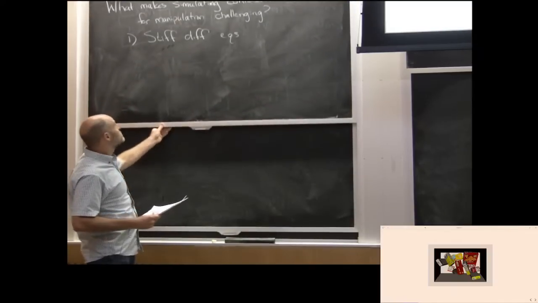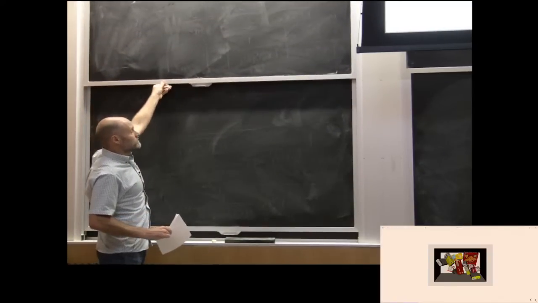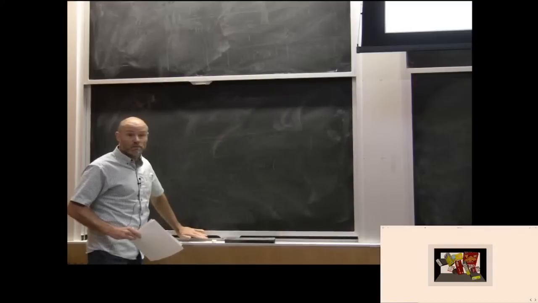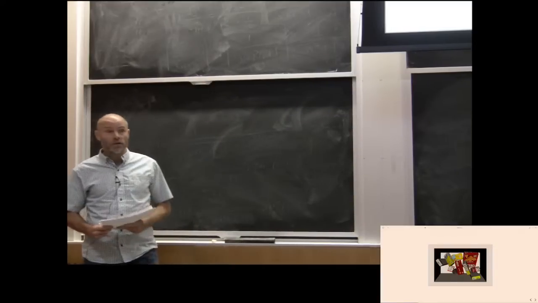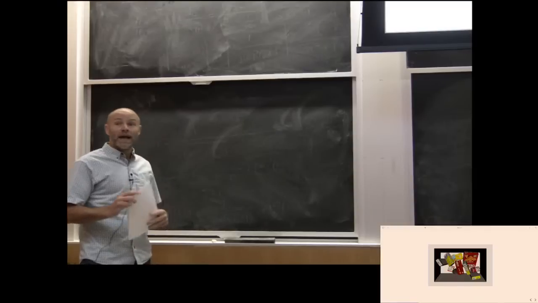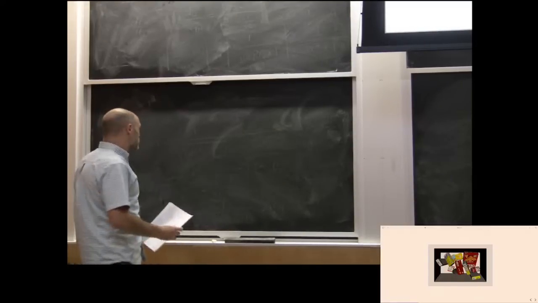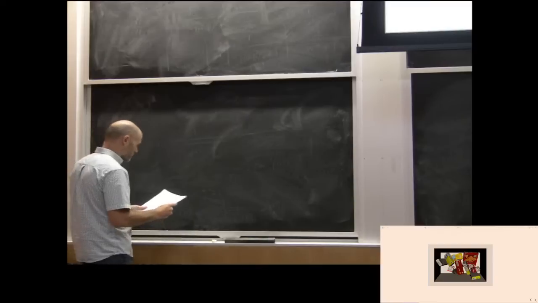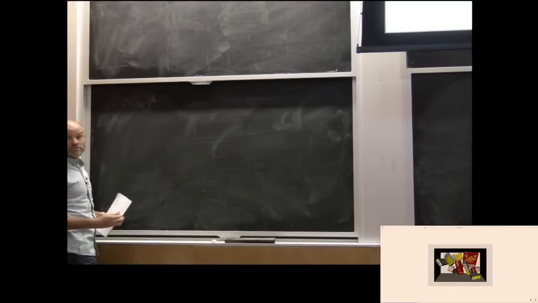So let me take a few minutes to explain what I mean by stiff differential equations and how they manifest in these kinds of simulations. I don't even need a big complicated walking robot or manipulation system to make this example. I can just think about stiffness in a spring damper system. Okay, so let's just say I have a mass spring damper.